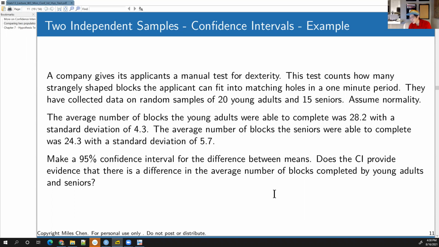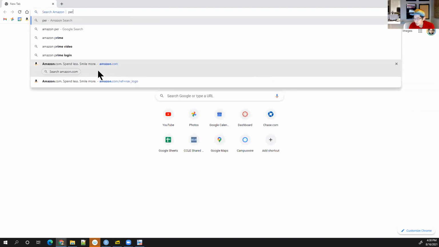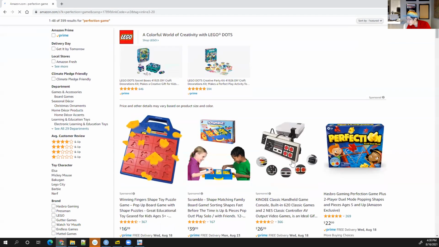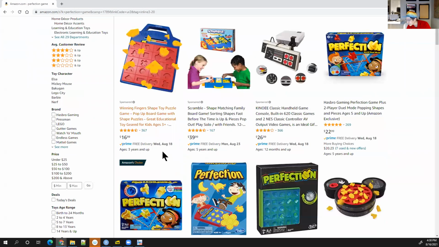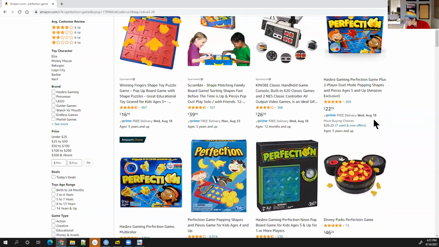So anyway, and then the average number of blocks the seniors were able to complete was 24.3. You know what? Side note, we're going to go on Amazon, and I've got to show you what this thing looks like. Okay, it's kind of like this. Where is the real thing?